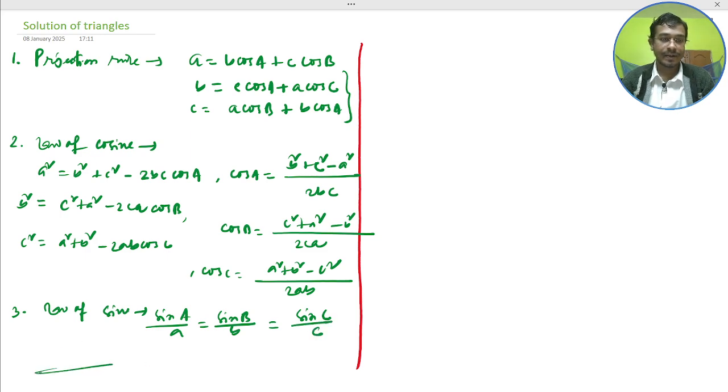This is a triangle where these are the angles A, B and C, and here the lengths are a, b and c. Sine A divided by this distance a, and similarly for b and c.